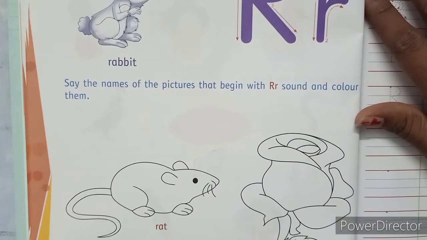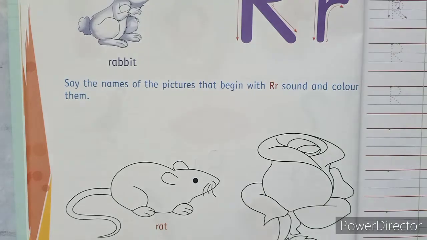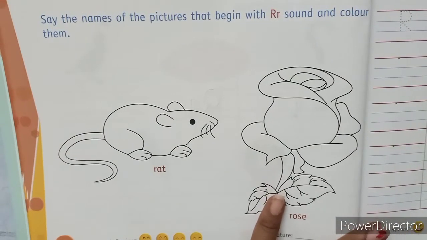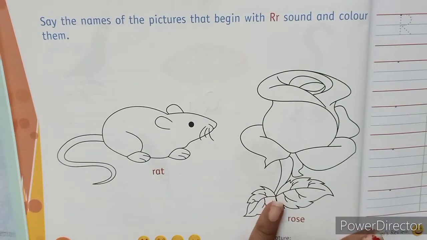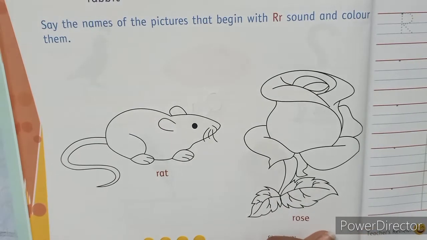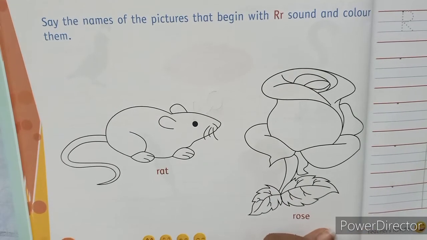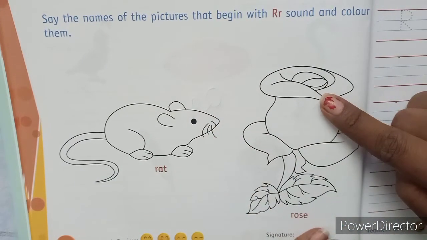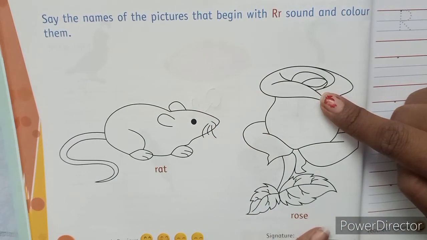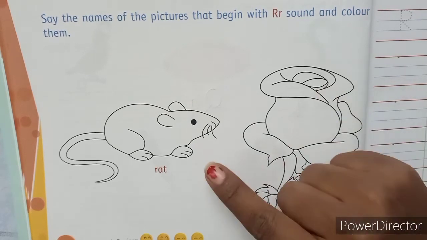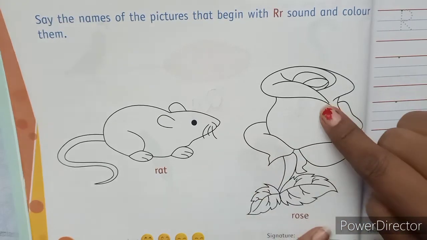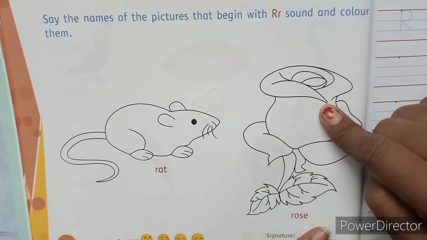So now say the names of the pictures that begin with R sound and color them. Which picture is this? These pictures begin with R sound. R for rabbit and R for rose. Say all of you. Sorry, R for rat and R for rose.